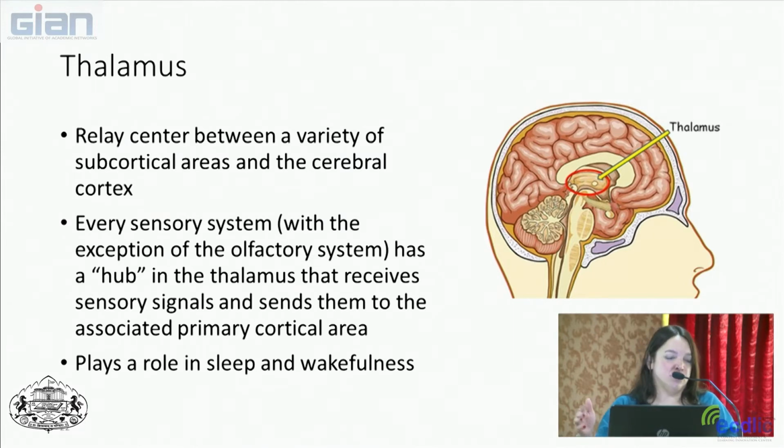So when sensory information comes in, it goes right to the thalamus. Then the thalamus sort of distributes it to the part of the brain that it needs to go to. So like I said, every sensory system, with the exception of the sense of smell, has a hub in the thalamus, and that receives the sensory signals and sends them to the associated regions. So it kind of gets the information and directs it to where it goes.